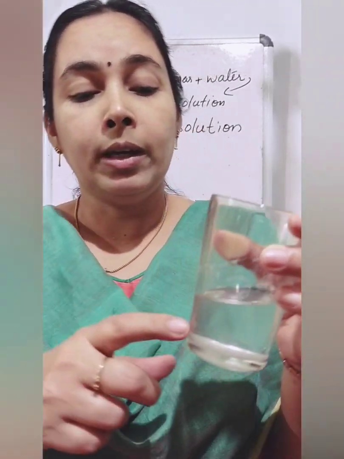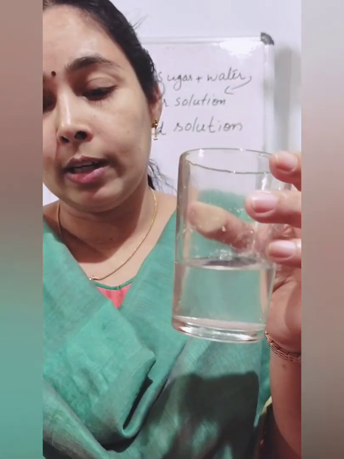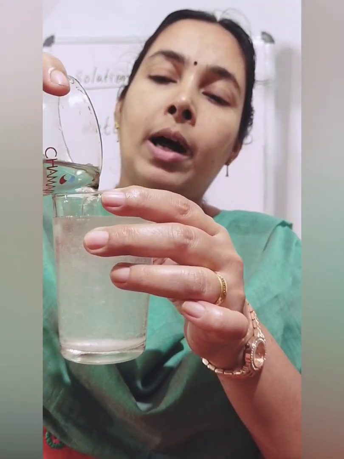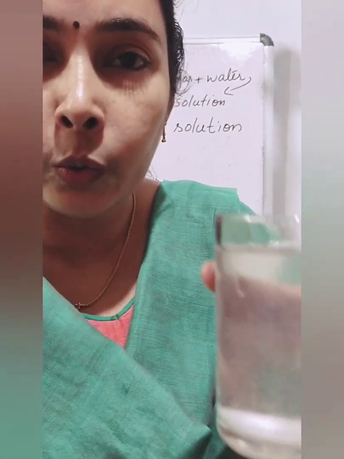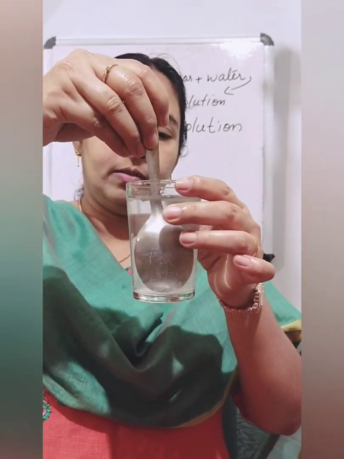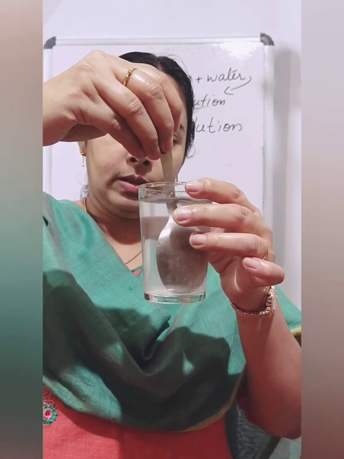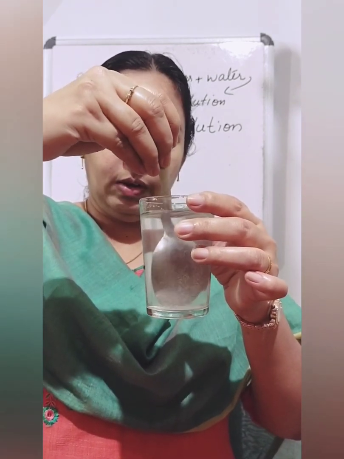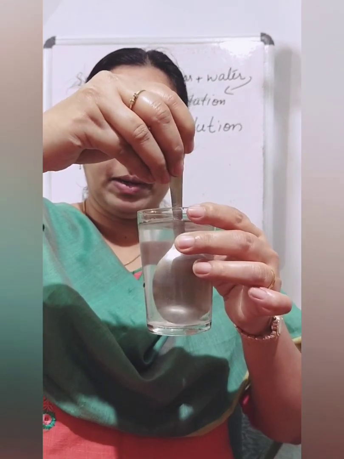Okay. So how can we make this salt dissolve in this water? One method is to add some more water. So I am adding some more water into this saturated solution and stirring it. So when we add more water, what happens?